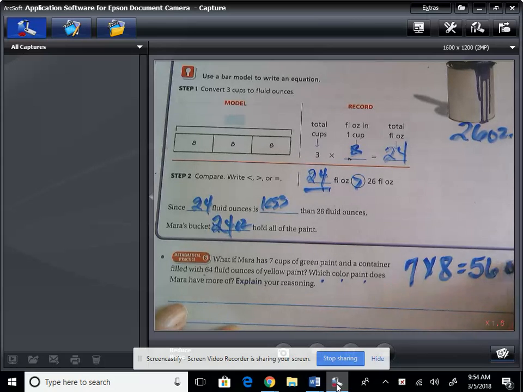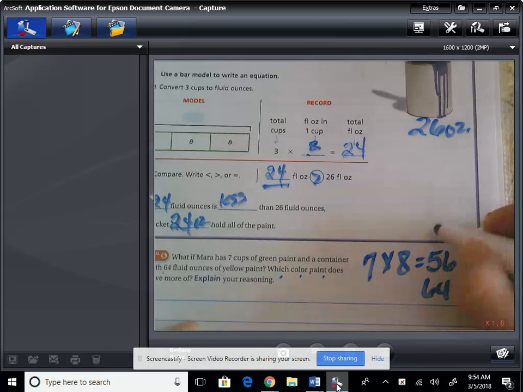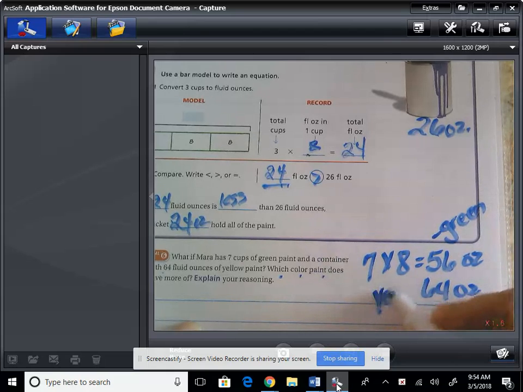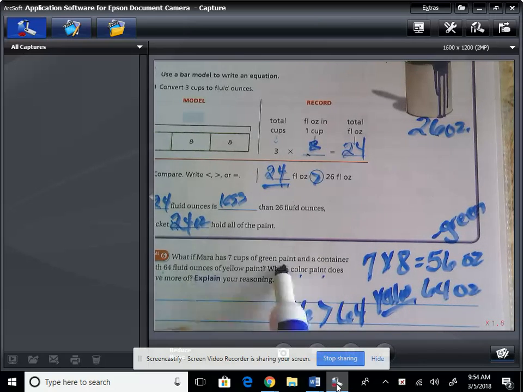Okay, so we'll say this is 56 ounces, and then we have 64 ounces. So this is green. This is yellow. Obviously, 56 is less than 64, so she has more yellow than she has green.